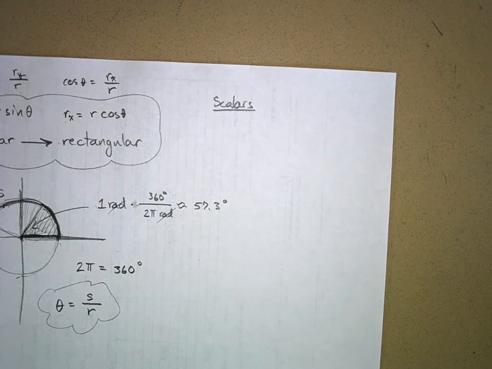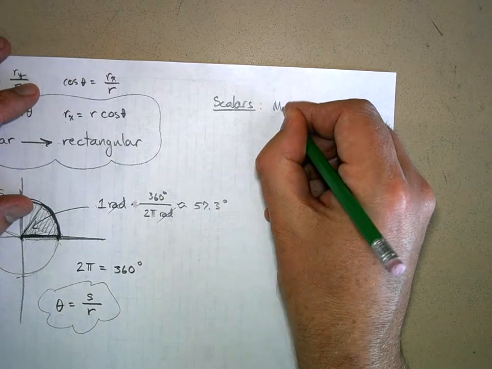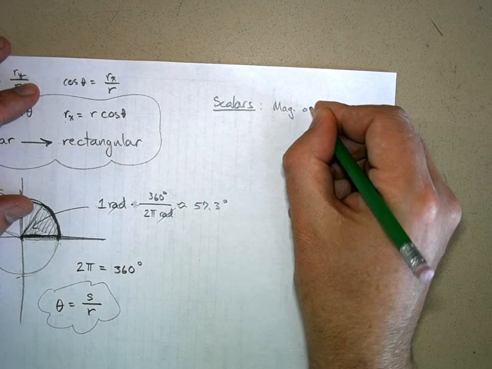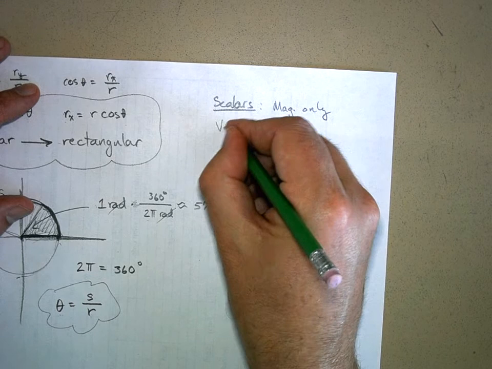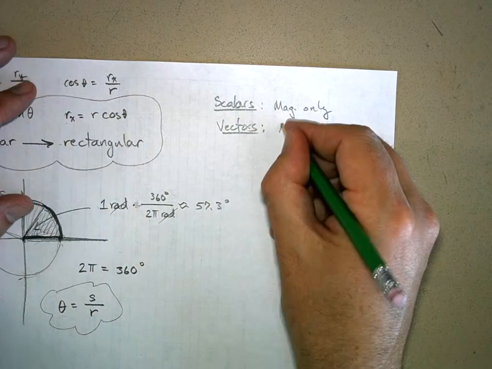But if I say a position is 3 meters, I have not completely specified the location in space. I say 3 meters, what else do I need to give you? I need an angle. I need a direction. So scalars are magnitude only, whereas vectors need magnitude and direction.